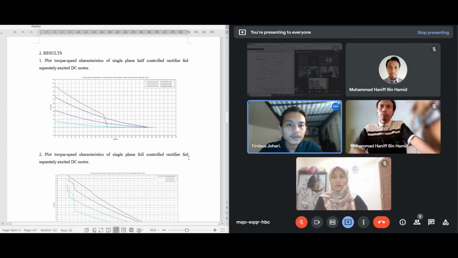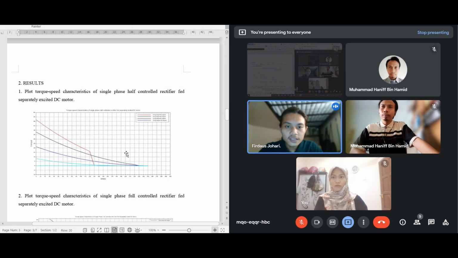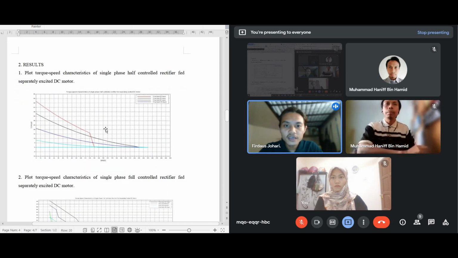For experiment 1, the aim is to develop a program to plot the torque speed characteristic of a single phase half control rectifier fed separately excited DC motor. The speed of the DC motor can be maintained constant by adjusting the motor terminal voltage as the load torque changes.